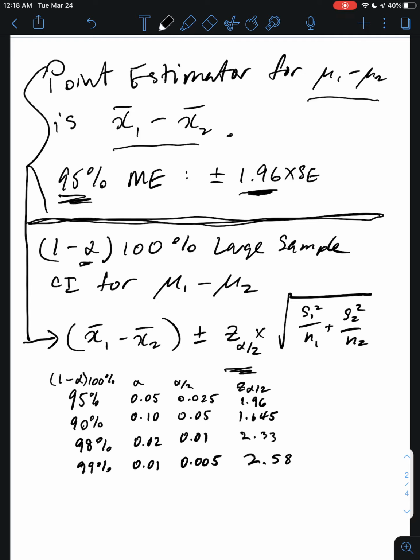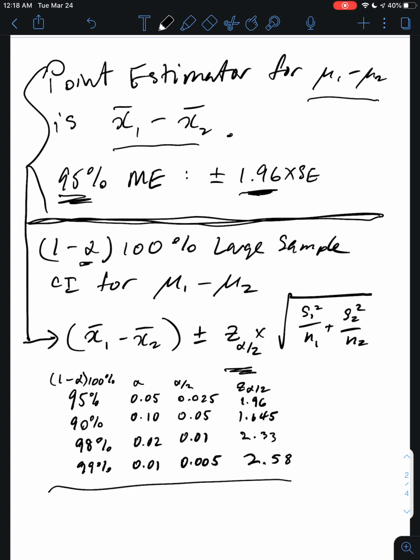We could have more decimal points there, but we conventionally don't. So these are the numbers that you'll find on your formula sheet. And these are the numbers that you should use when you try to solve one of these problems.